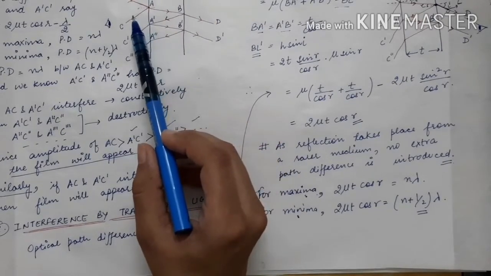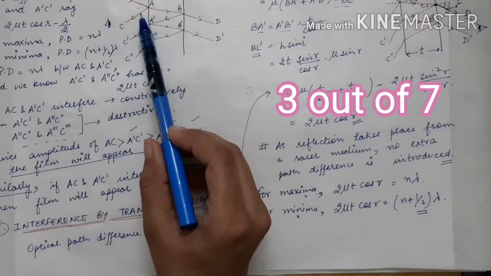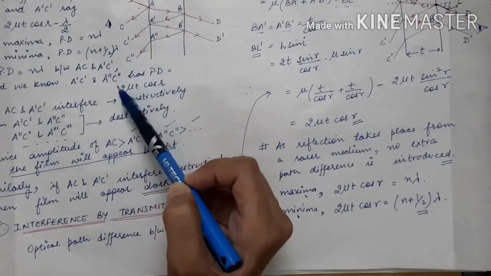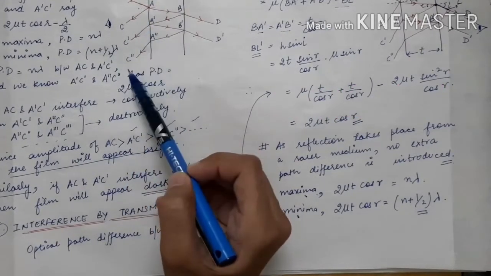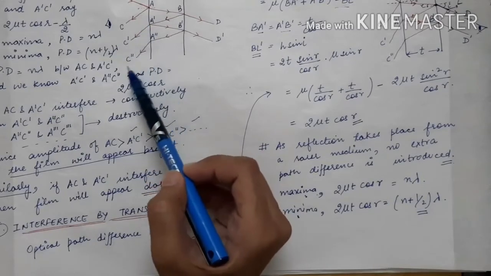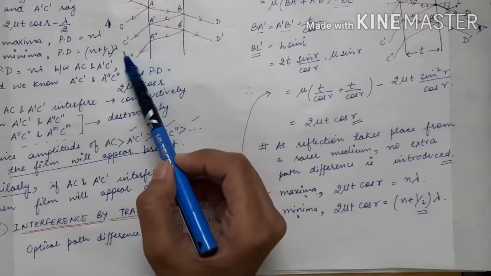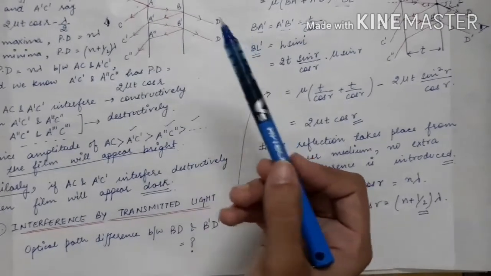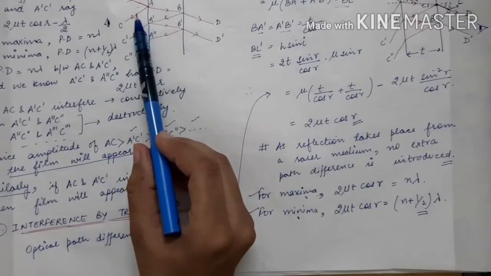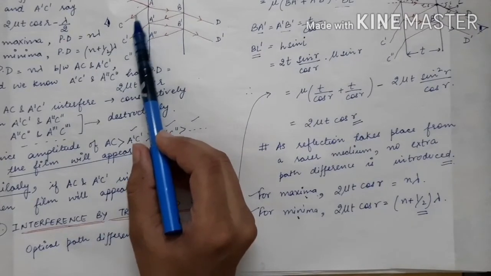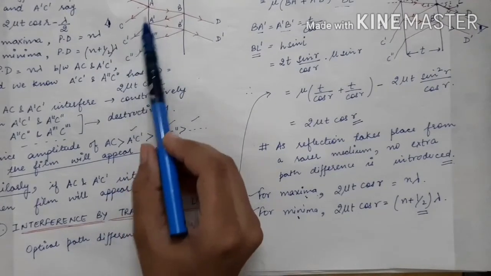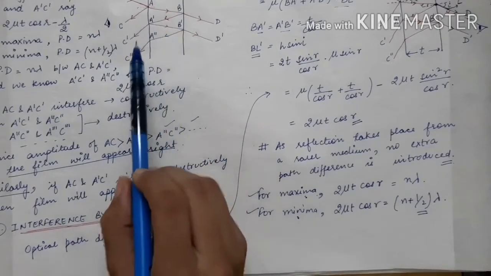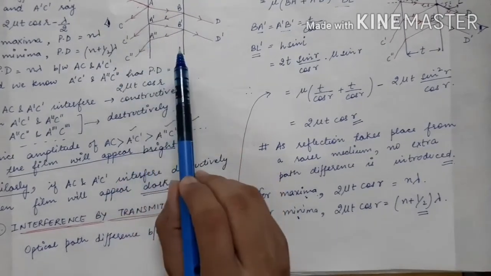So let's say 3 out of the 7 components interfere constructively on the reflected side. Then those 3 components will interfere destructively for the transmitted light, and the other remaining 4 components that interfere destructively in the reflected light will interfere constructively in the transmitted light.